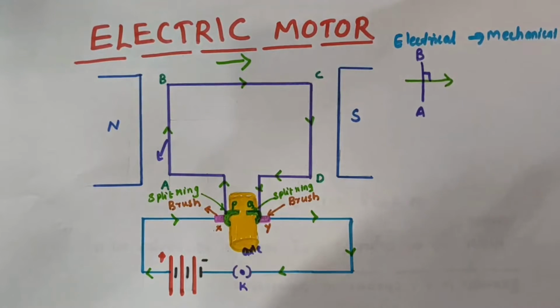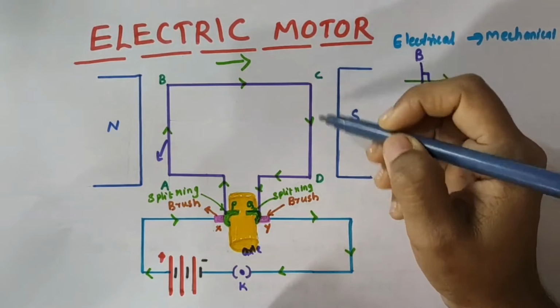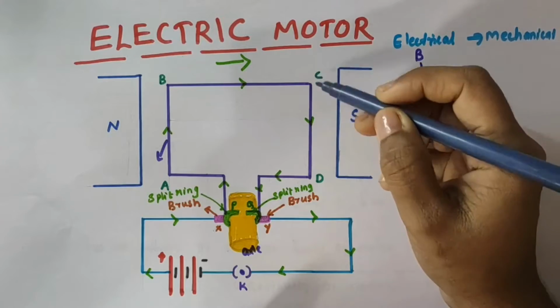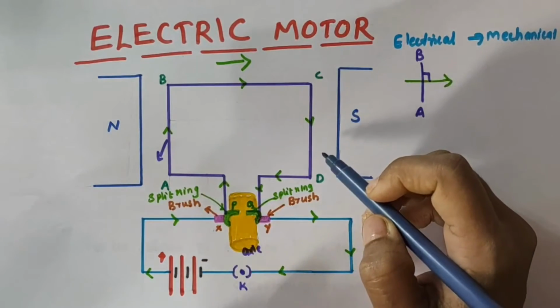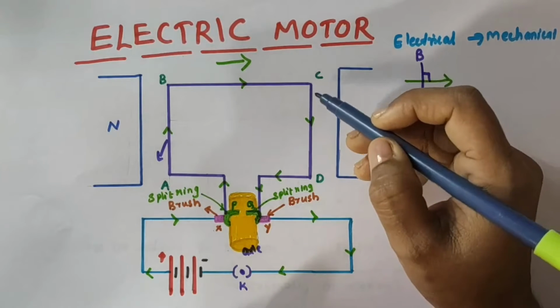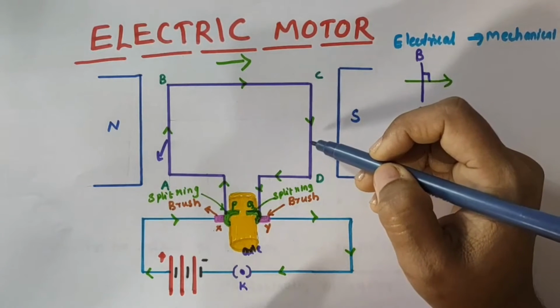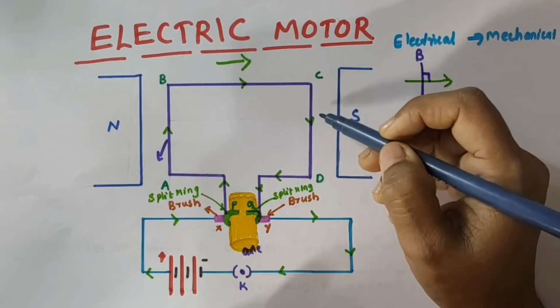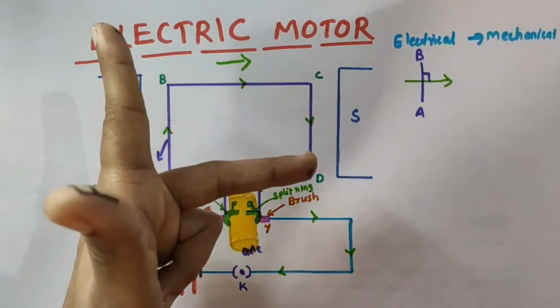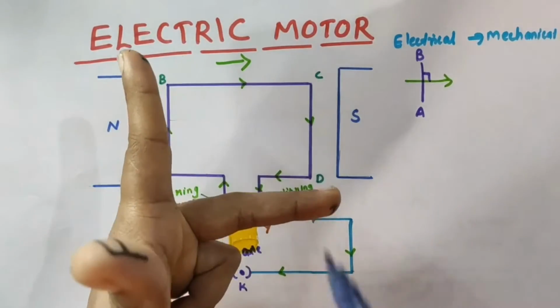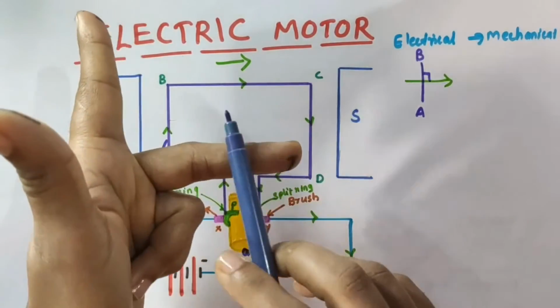Now considering this arm, this side CD, the current is going down, and the magnetic field from north to south, that means left to right. Let us see what will be the direction of the force on the arm CD using Fleming's left hand rule. Again, stretch the three fingers.